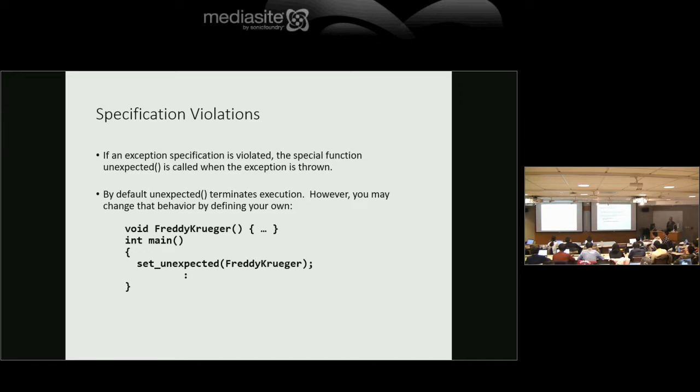So, specification violation. The function unexpected is called when the specification is violated. Then instead of calling terminate, it calls unexpected, because this is a violation of the exception specification, and I can set that special function.